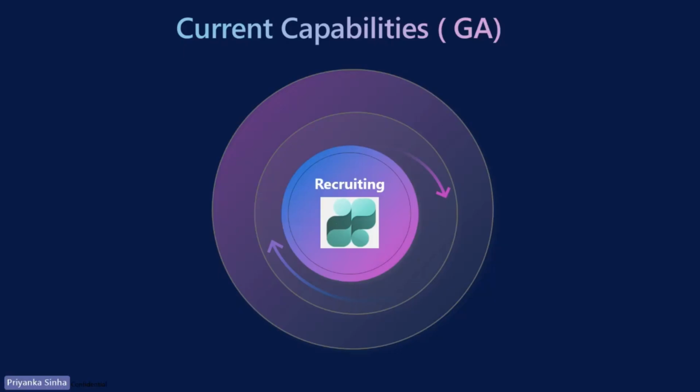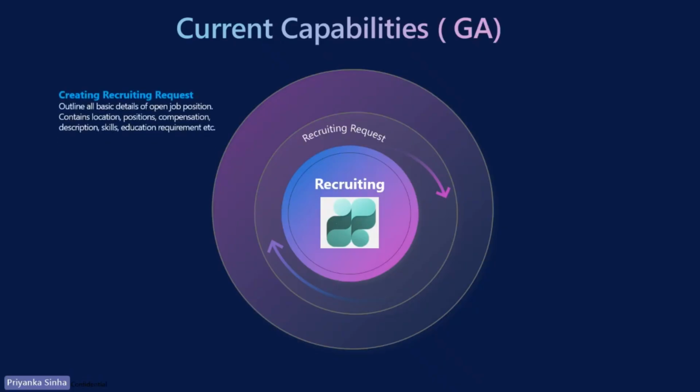Now, we just went through the end-to-end process flow. Let's briefly see what the current capabilities available are, which are already released. You will also see the demonstration in action in a few minutes. The key features we currently have: the recruiting request, which outlines all basic details of an open job position, including location, compensation, description, and skill and education requirements.